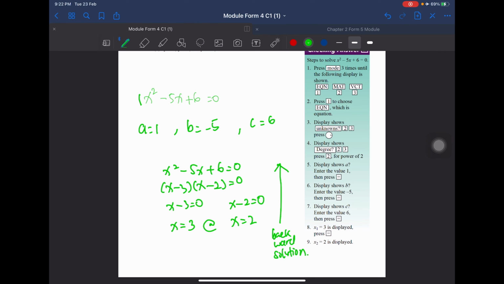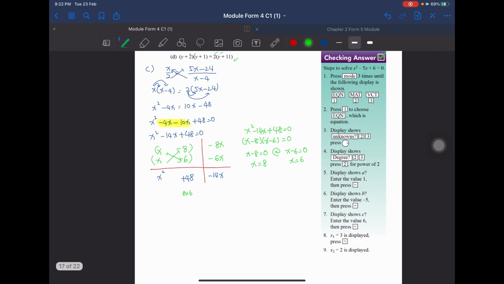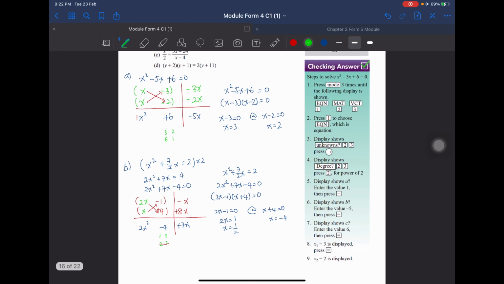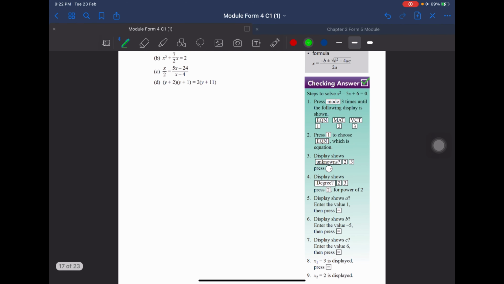Cuma saya nak awak berhati-hati. Sebagai contoh soalan yang kedua, B. Contohlah awak dah tekan calculator, jawapan yang diberi adalah X equals to 0.5.